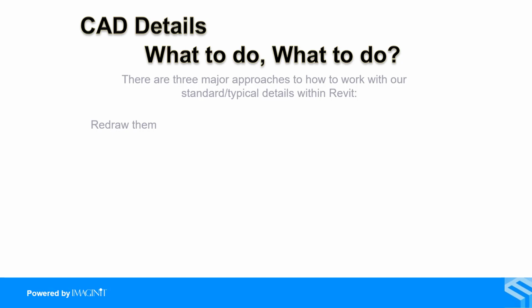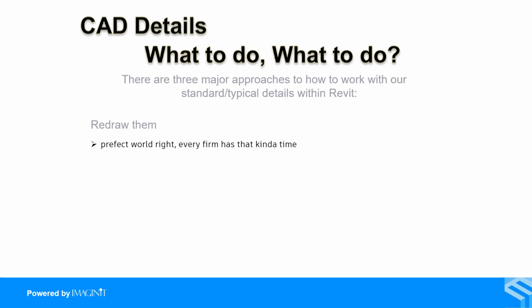So that would be redrawn, but that's really a perfect world, right? I mean, of course we all have time. We don't have deadlines. We don't have fires that are happening that we've got to get out the door late for a meeting. We've got all kinds of time to spend redrawing all of our CAD details, right? Of course we do. No, we don't.